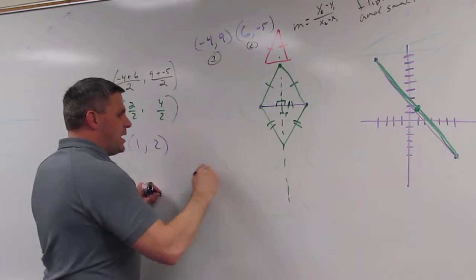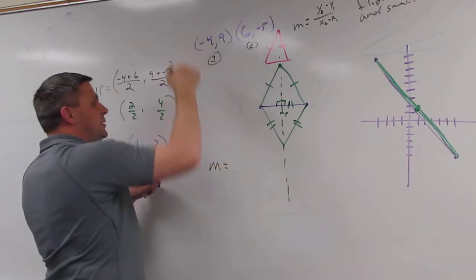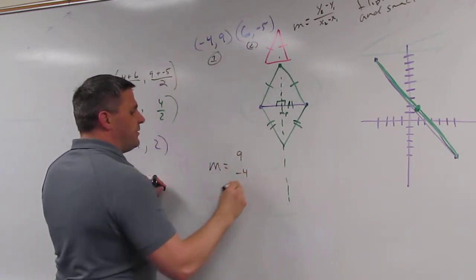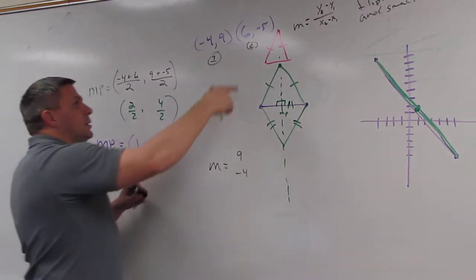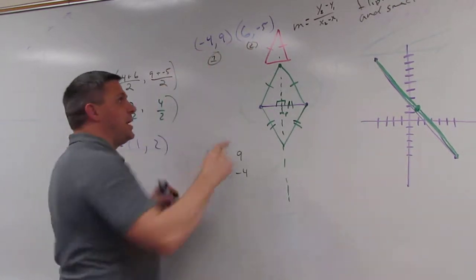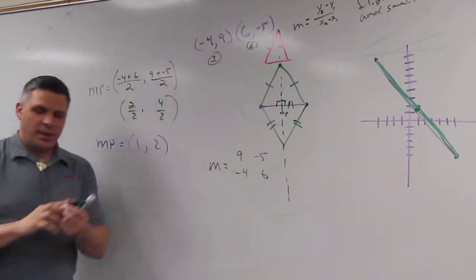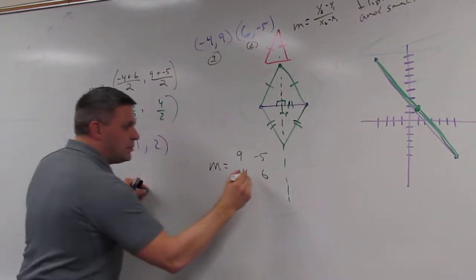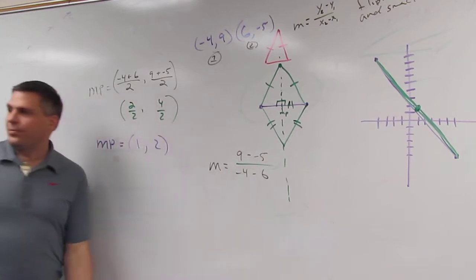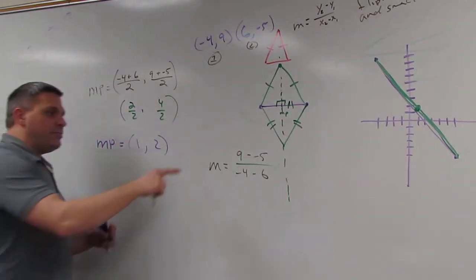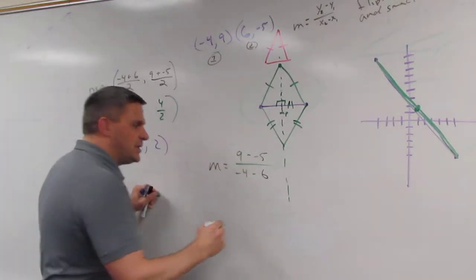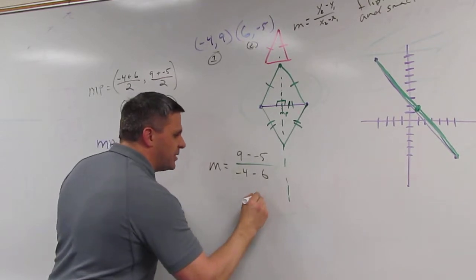So my m is equal to 9 over -4, as long as my y is on top, right? Negative 5 over 6, and then I smack it right in the middle. Boom. So now we have 9 minus 5, which is 9 plus 5, which is 14.